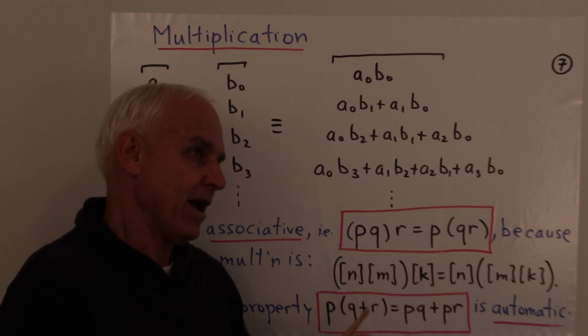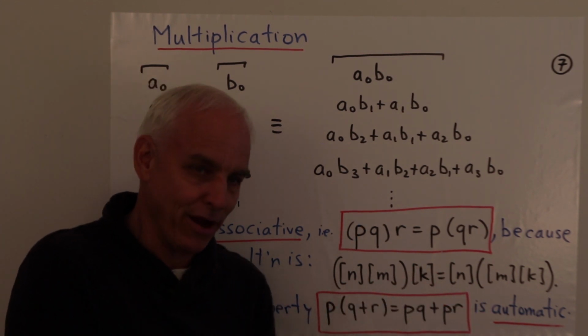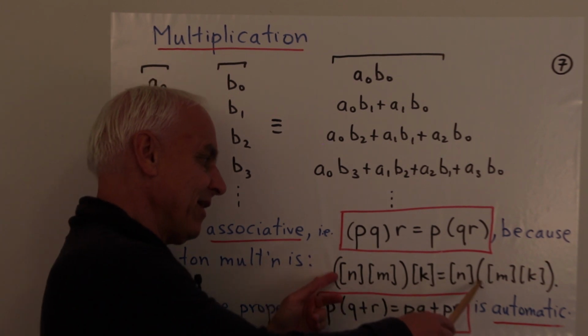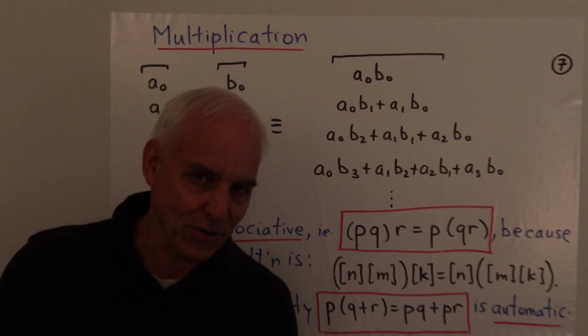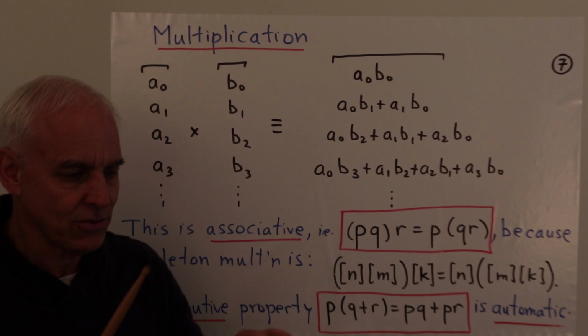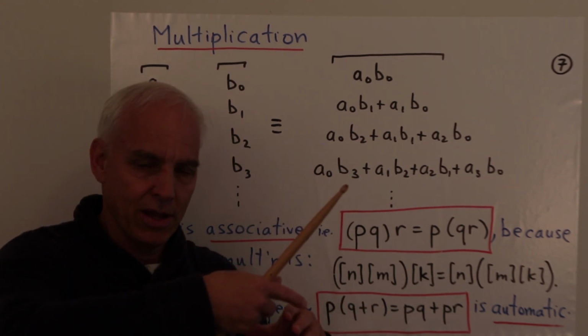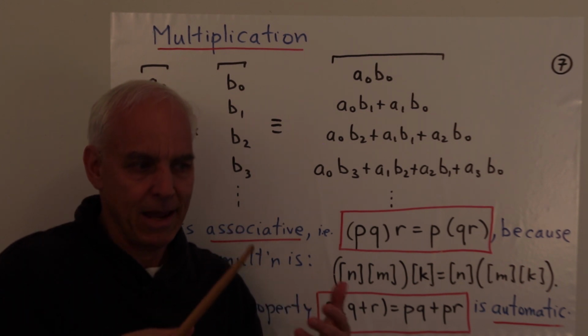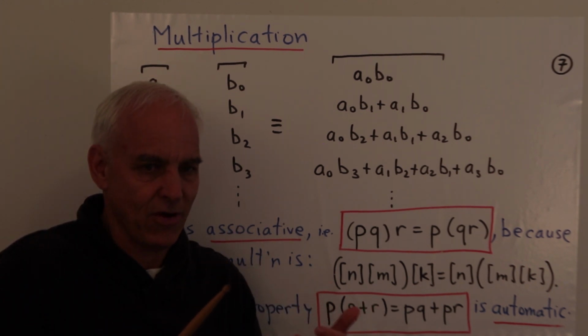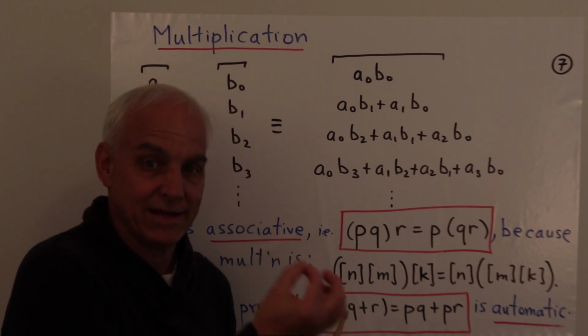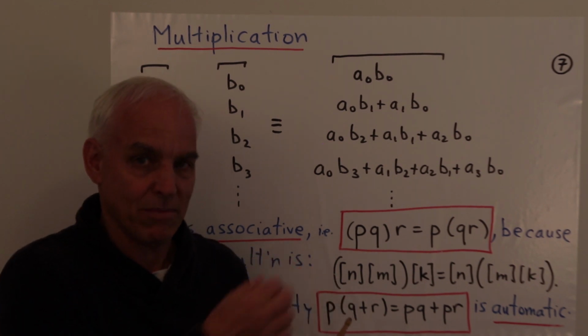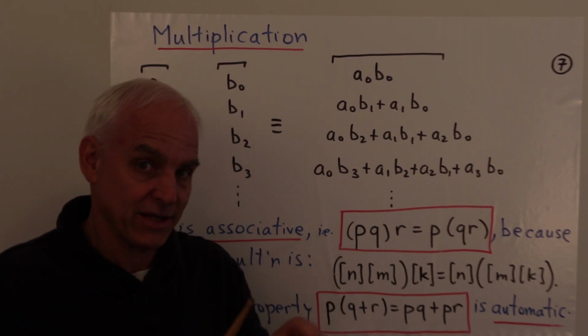So the associativity of ordinary addition tells us that this multiplication of singletons is associative. And then it's not too hard to see that the multiset multiplication is automatically associative if the constituent multiplication between the actual objects is associative.